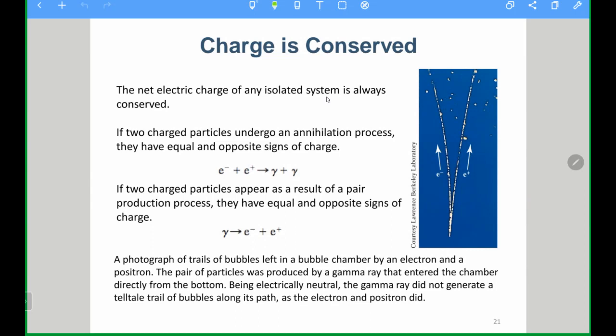So here are two of the most possible reactions for charge.